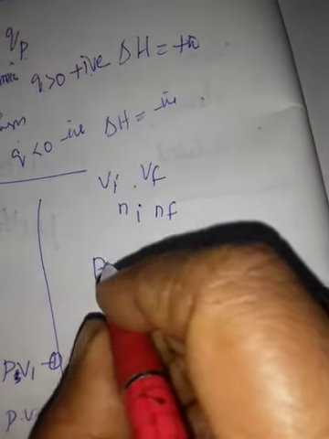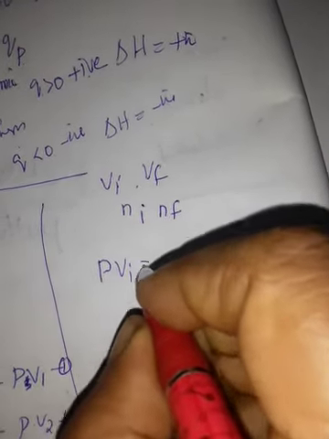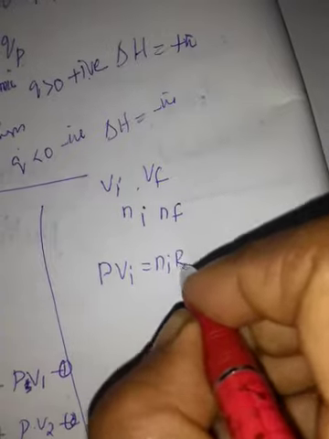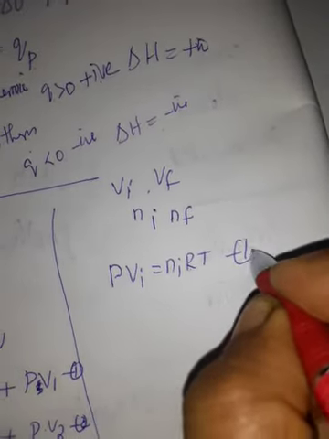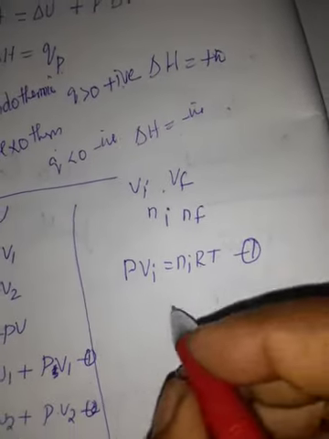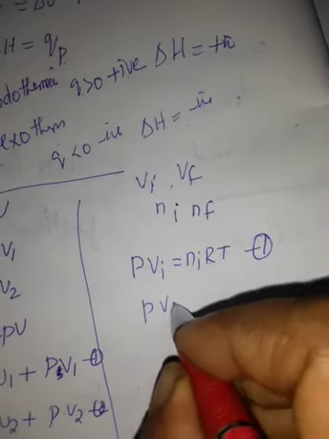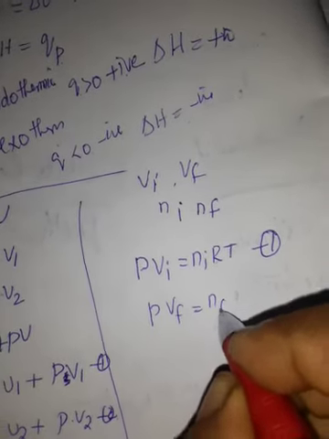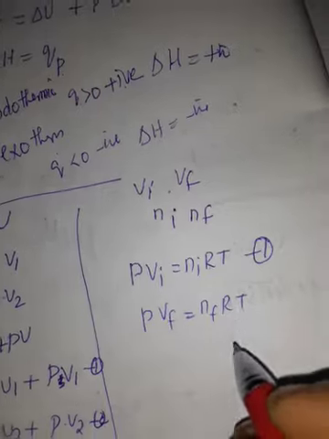So for reactants, that is the initial state, ideal gas equation: PVi equals ni RT, first equation. For the products, that is the final state, PVf is equal to nf RT.